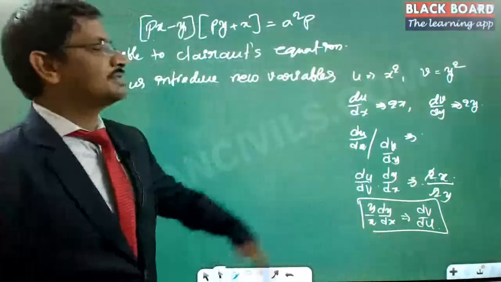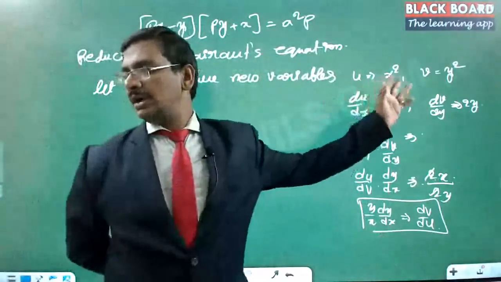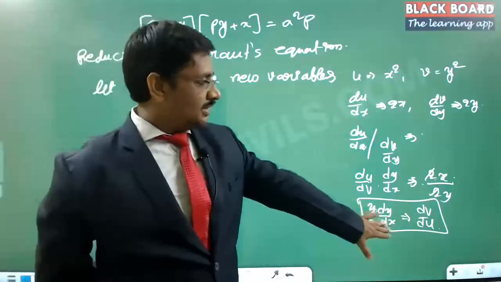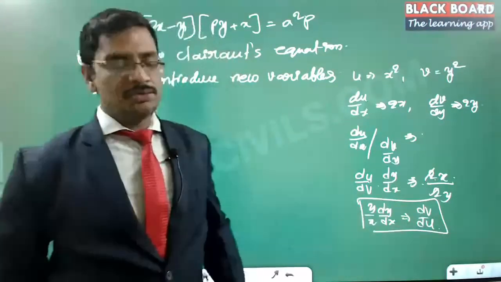Got it? We have just introduced u = x² and v = y², and from there we have got (y/x)(dy/dx) = dv/du.